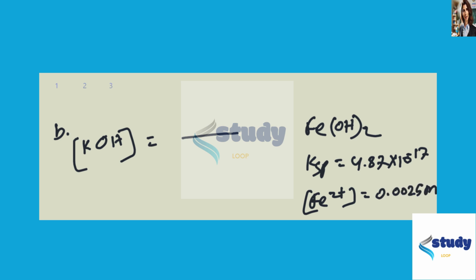Since from each ferrous nitrate we will have one Fe2 plus ion, the Fe2 plus ion concentration will be equal to the ferrous nitrate concentration. So in the formula we have the KSP value on top, 10 to the power minus 17, over the iron concentration 0.0025, and we put a square root here.